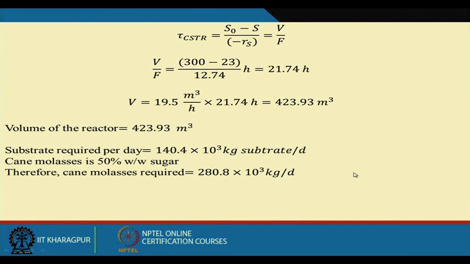So we can easily calculate. It's not very difficult. Whatever amount of ethanol is produced by the industry, we can easily calculate. And since nowadays most industries are going for the CSTR process, which has higher productivity, this kind of analysis will always be helpful.